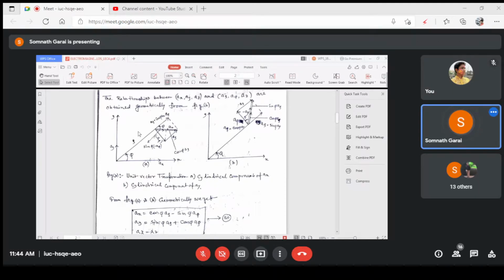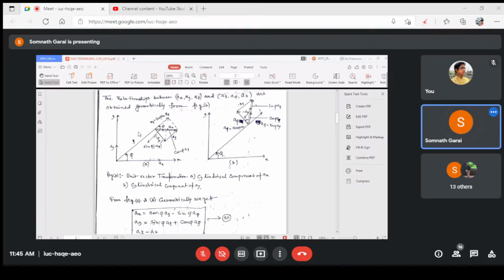Now just see this figure. It is the vector representation or vector component figure of the x-axis and y-axis. Here ax, ay and az are the unit vectors of the Cartesian coordinate system in the x direction, y direction and z direction respectively.